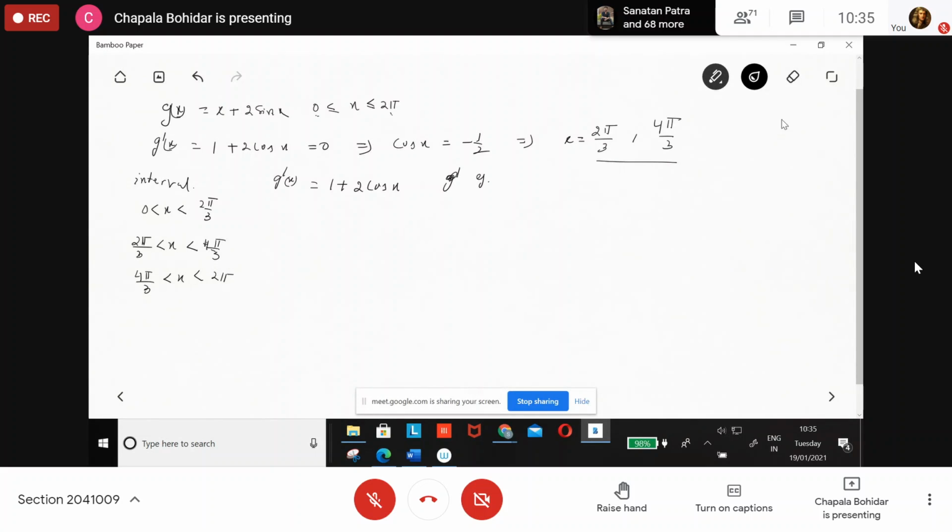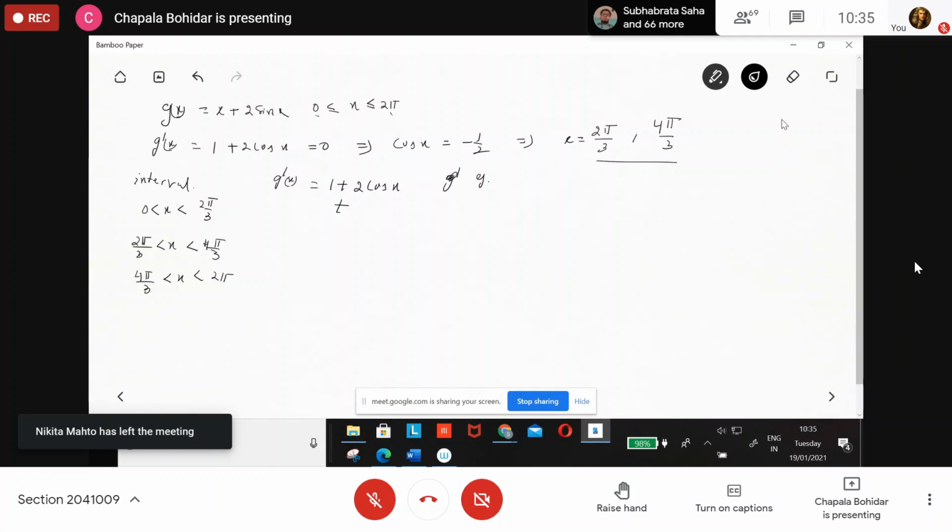It is positive. Is that clear? When I am putting 2 pi by 3, cos is minus half, so I am getting 0. So we get a positive value on the interval, because we are not including that value, greater than 0 and less than this. So it is positive.